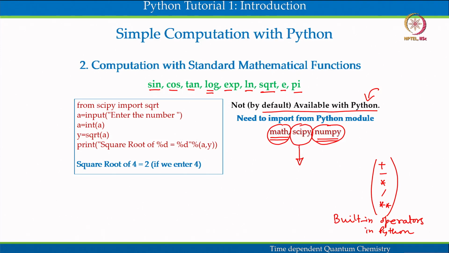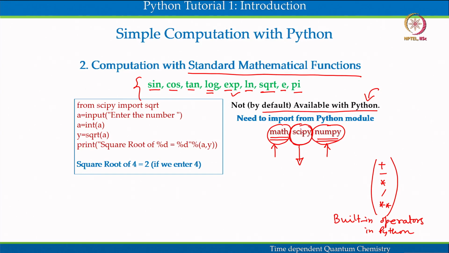Although if I only consider the standard mathematical functions which are available currently, sine, cos, tan, trigonometric or exponential, all these functions are available in all three modules, because for a long term scientific Python, SciPy will be used very frequently in this course.